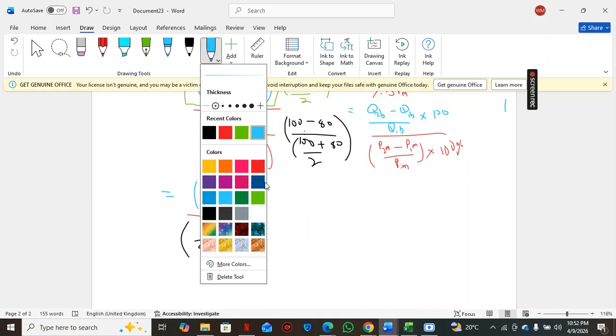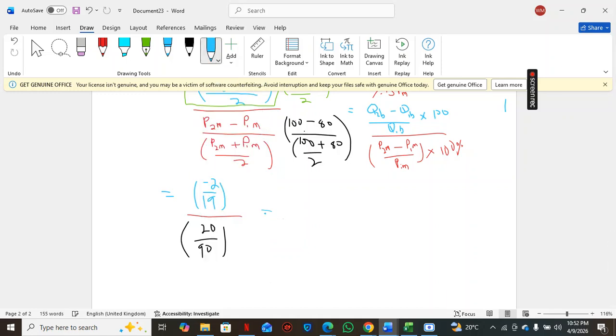So negative 2 divided by 19 is negative 0.105, over 20 divided by 90, which is 0.22.